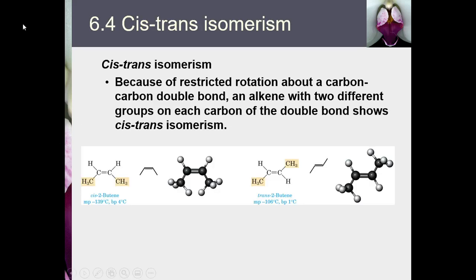Our next topic is all about cis-trans isomerism. So before we start that topic, kailangan natin munang maglagay ng few background information. First, your CC bond, yung single carbon-carbon single bond, ito ay nakaka-rotate.